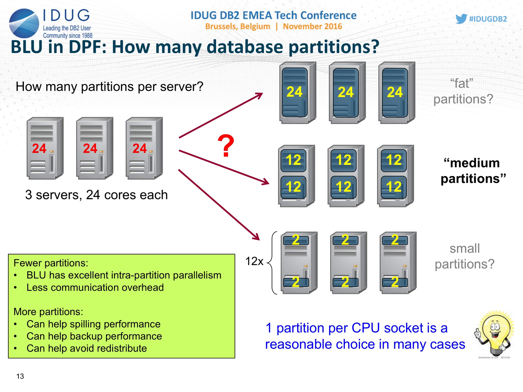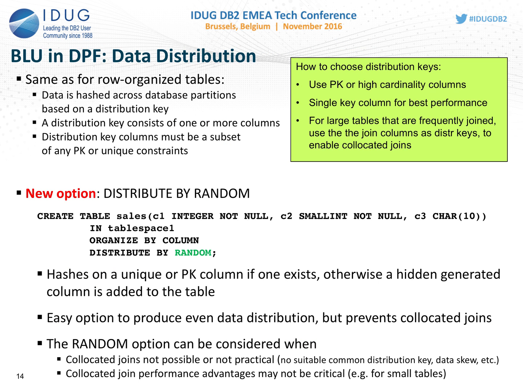Okay, so the data distribution in DPF works for BLU the same as it used to work for row-based tables. You can specify a distribution key for your tables, and then the data will be hashed on that key across the database partitions. And the guidelines for picking a distribution key are the same as for row-based tables. Pick a column that has a large number of distinct values.